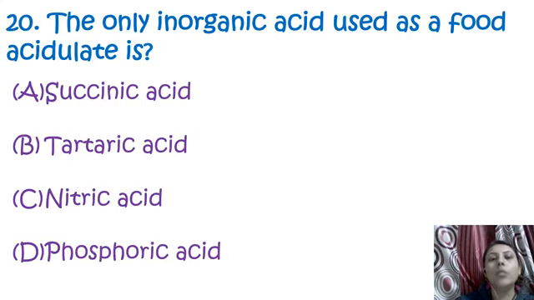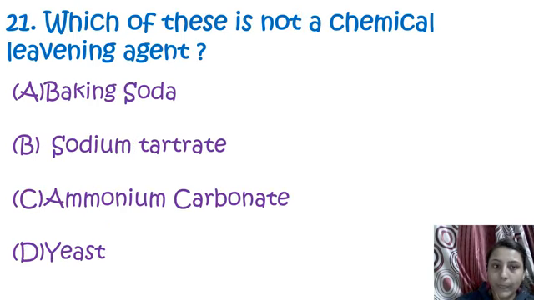Next question is, the only inorganic acid used as a food acidulant, and that is phosphoric acid. Which of these is not a chemical leavening agent? And the answer is sodium tartrate.